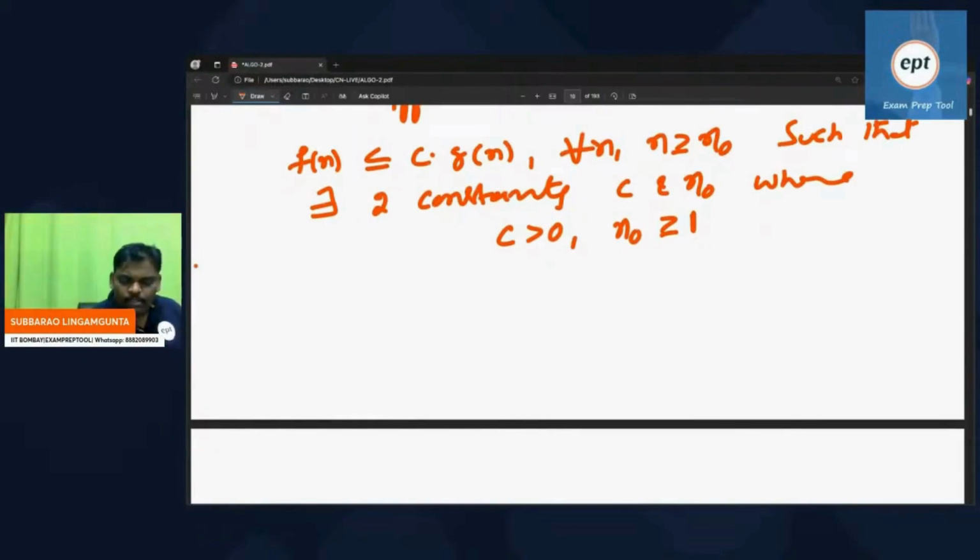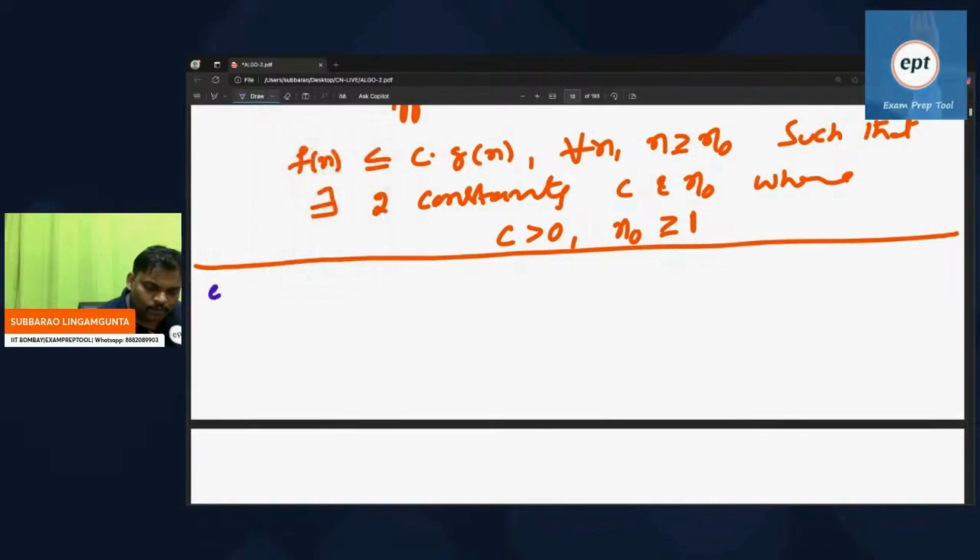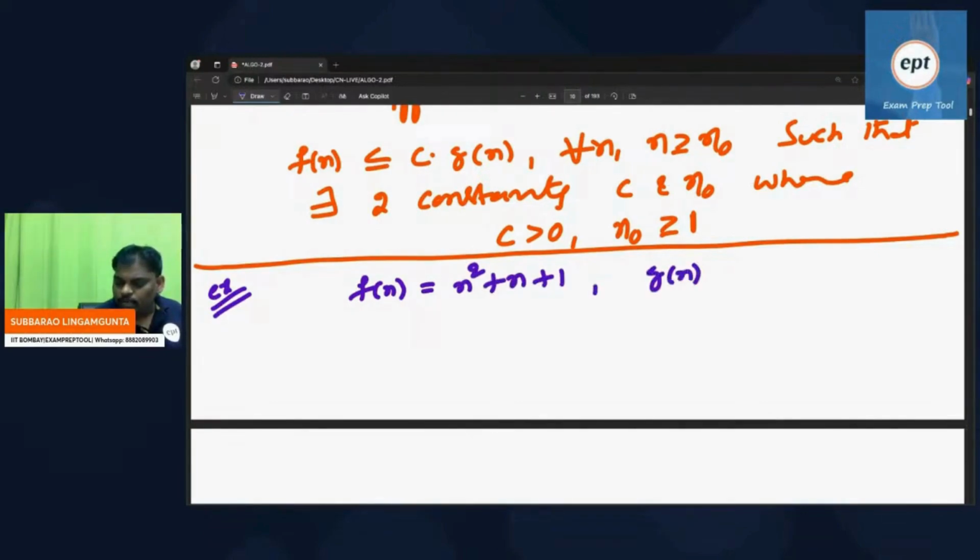First example. f of n is equal to n square plus n plus 1, g of n is equal to n square.